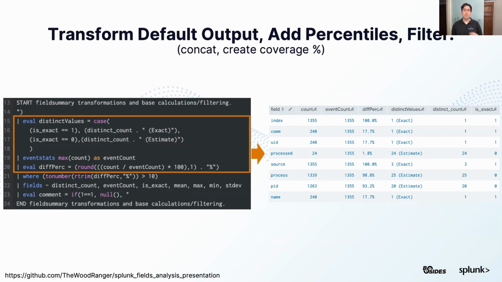Then we use eventstats to take the max of the count field across the data set per group by to establish a total that we can then use to create a percentage of how many events contain a value in that field. Because field summary doesn't inherently do a count of the initial input data, we use a stopgap in this form by leveraging eventstats across the overall data set, or in the case of running group bys, per group by, to establish what the max value of that is.